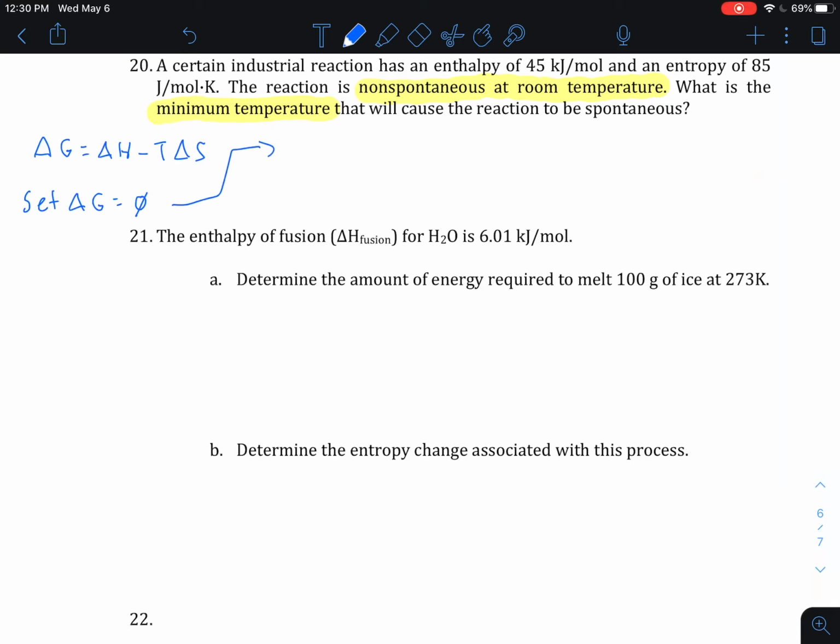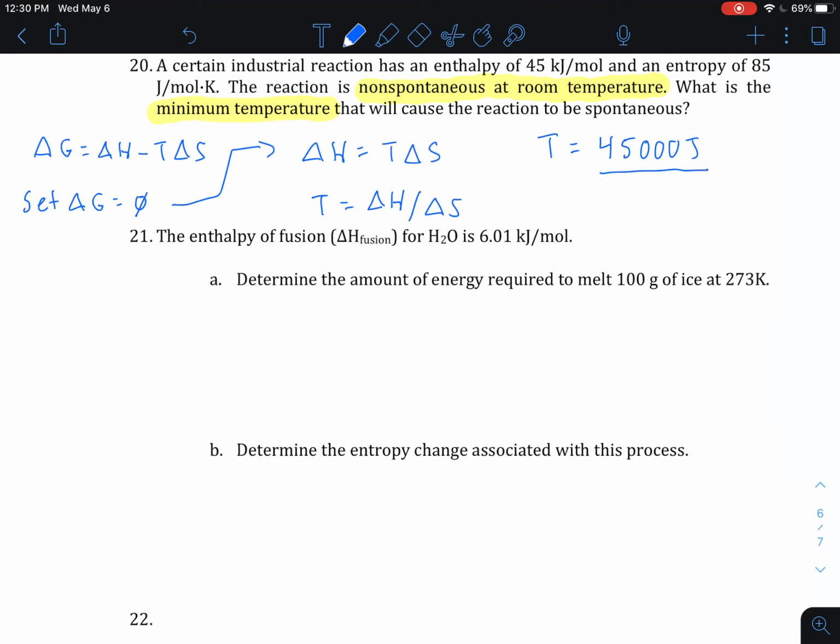So the plan is the same as it's been. We set delta G equal to 0 because that's the transition point, and that gives us delta H equals T delta S. In this case, they're asking us to solve for temperature, so it would become T equals delta H over delta S. So T would be, and we need to match the units, right?